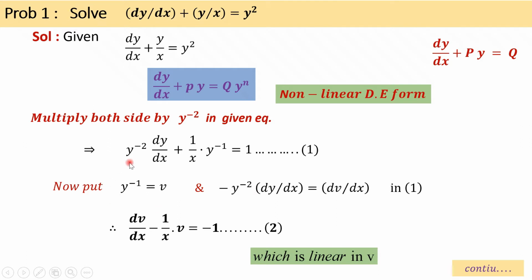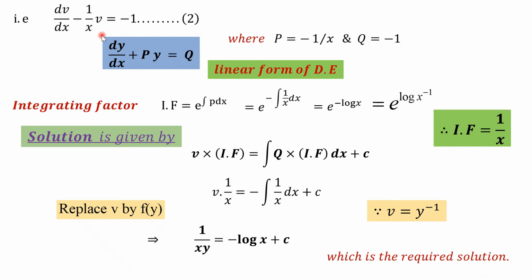Substitute in equation 1. Therefore, we get dv/dx - (1/x) v = -1. Take this as equation 2.